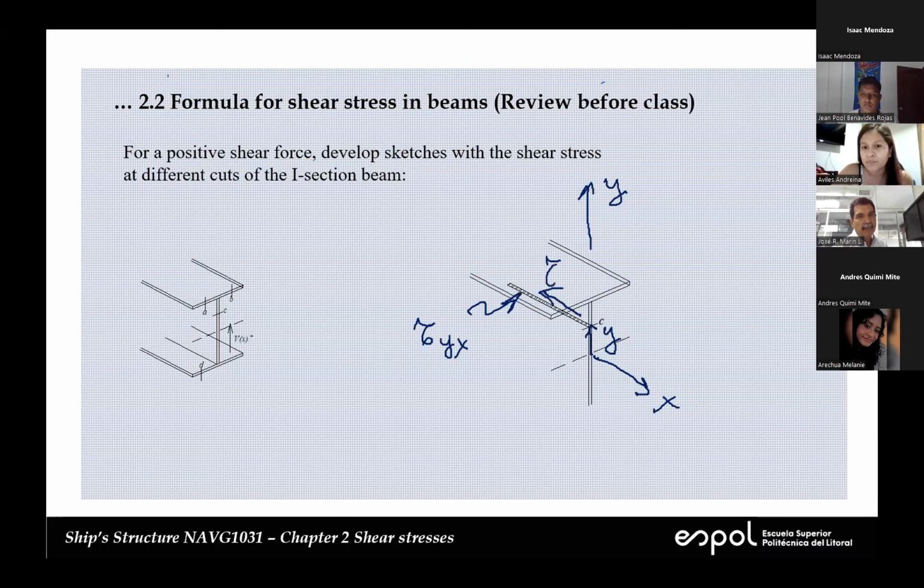So that's going to be tau yx. And finally, on the web, in the vertical direction, we're going to have tau xy.